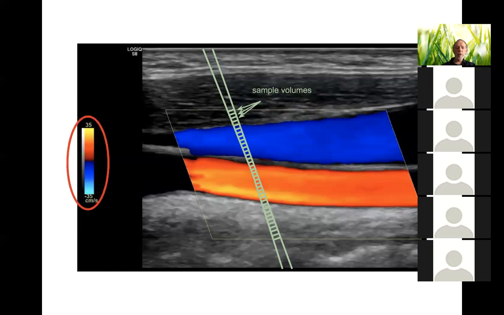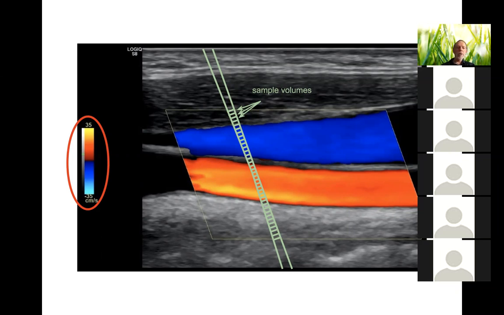The color bar I've already talked about on the left here, at the moment has the baseline in the center. The fact that red is above the baseline tells us that anything that is colored red must be blood that is flowing towards the probe. Anything that is blue is blood flowing away from the probe.